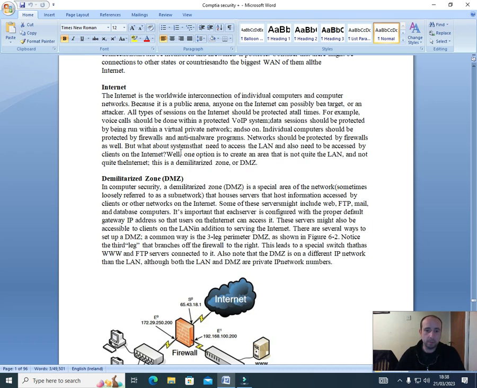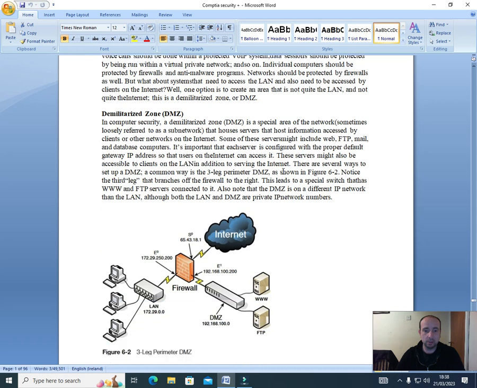But what about systems that need access to the LAN, and also need to be accessed by clients on the internet? Well, one option is to create an area that is not quite the LAN and not quite the internet. This is a demilitarized zone, or DMZ. Demilitarized zone.